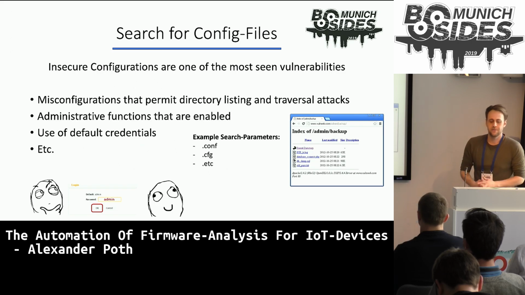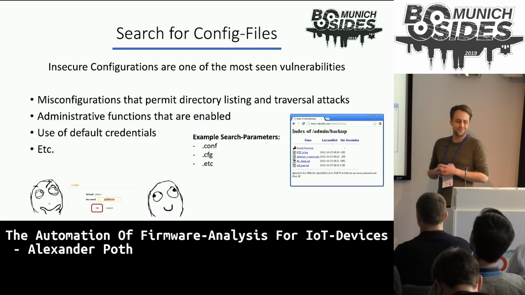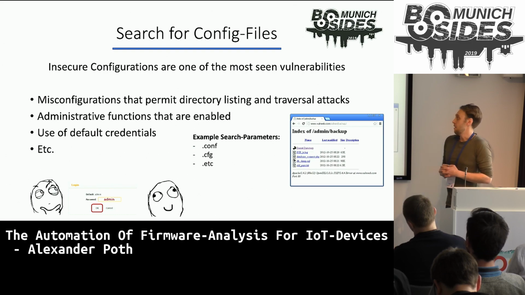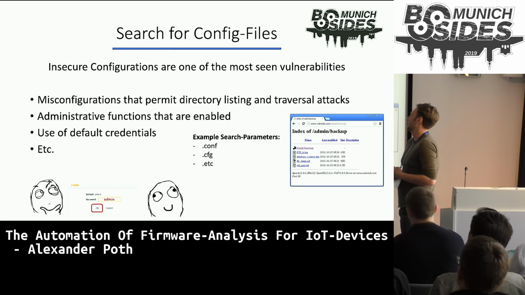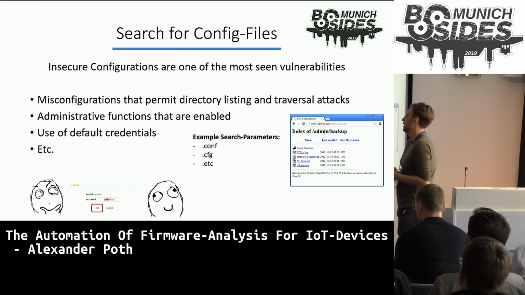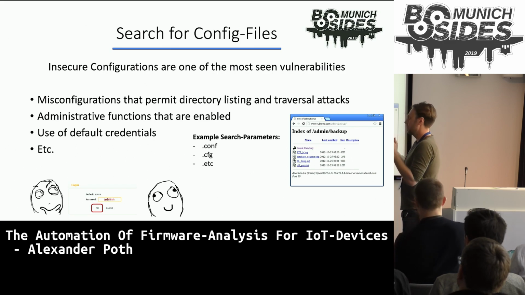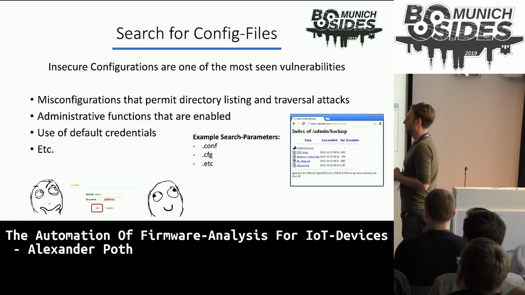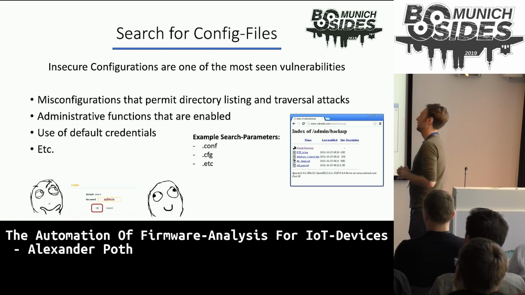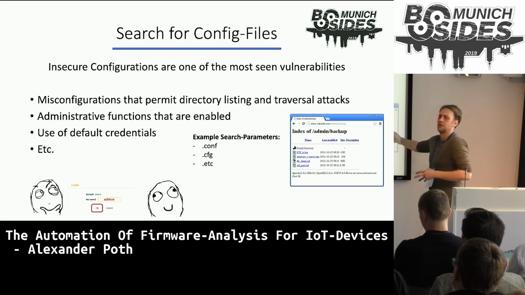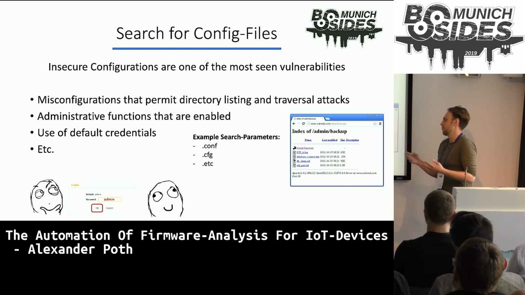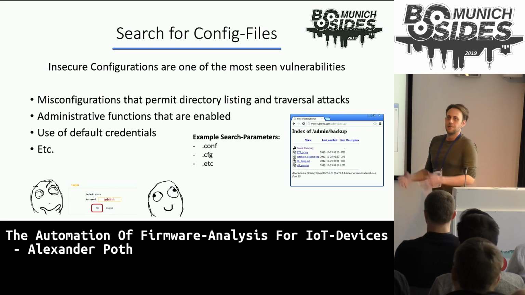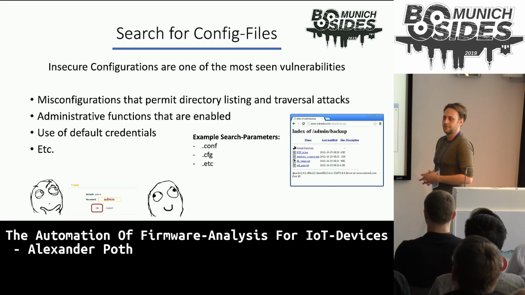So what could also be very important is to look for any configuration files in the binary. Why is that? Because insecure configurations are one of the most seen vulnerabilities. And this could be a misconfiguration that permits directory listings. I think some of you guys have already seen that, where you can try to access a web page and suddenly you have a complete directory listing.